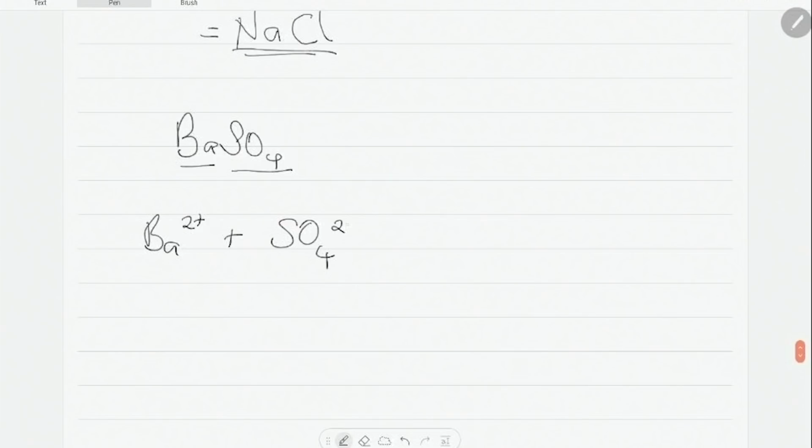So those are the types of reaction. Construct a balanced equation for the reaction that produces barium sulfate in this particular case. So if we are using sulfuric acid, we'll say sulfuric acid plus barium nitrate.